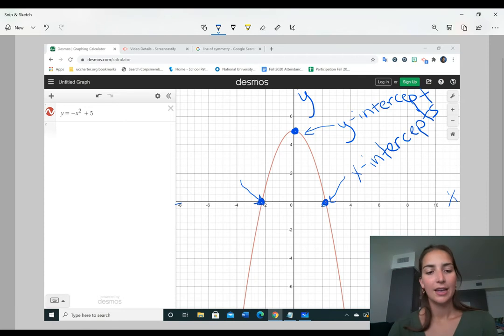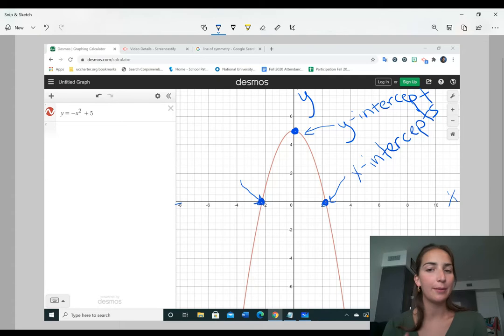Okay, and then the last vocabulary, or the last feature of this graph, is the line of symmetry. So some of you might have learned about lines of symmetry back in maybe primary school.